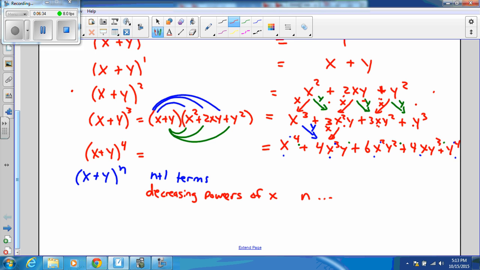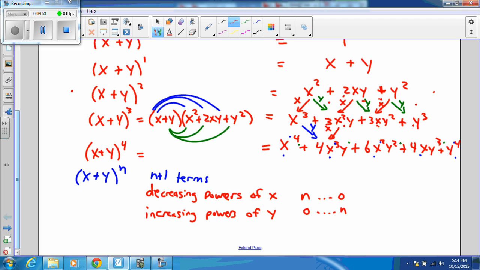So we have decreasing powers of x, n all the way down to 0. And we have increasing powers of y, from 0 all the way up to n.